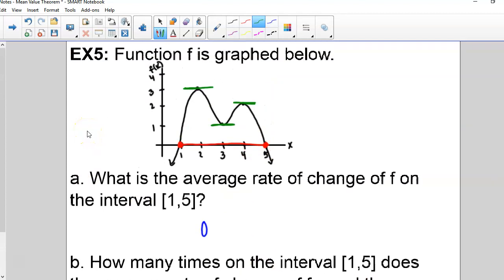This particular instance has a special name. It is called Rolle's theorem. However, it's basically covered by the mean value theorem. It's just a special case of the mean value theorem. So in years past, I've taught Rolle's theorem as a separate theorem.